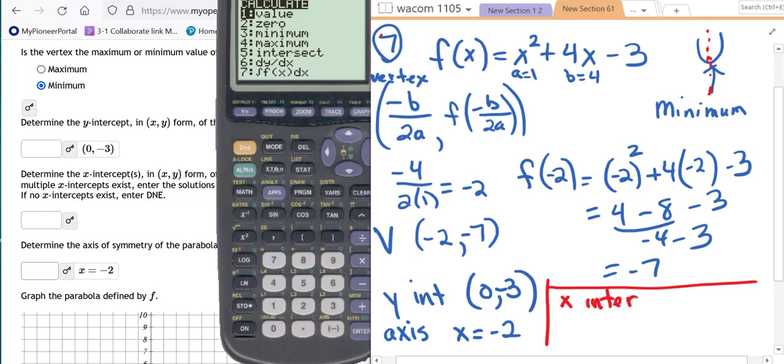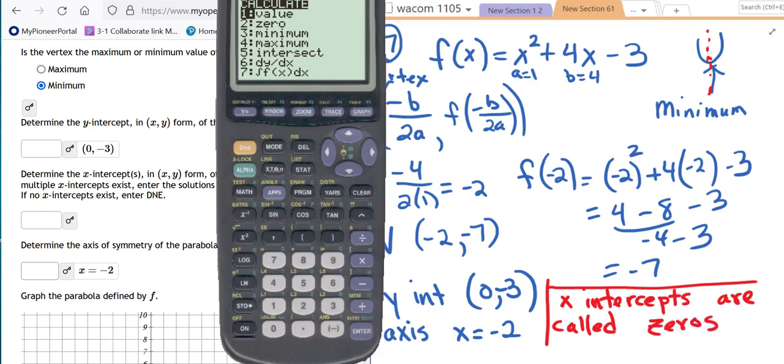That's another term for them. So we will choose choice number 2. Whoops, I have to do it through the menu.